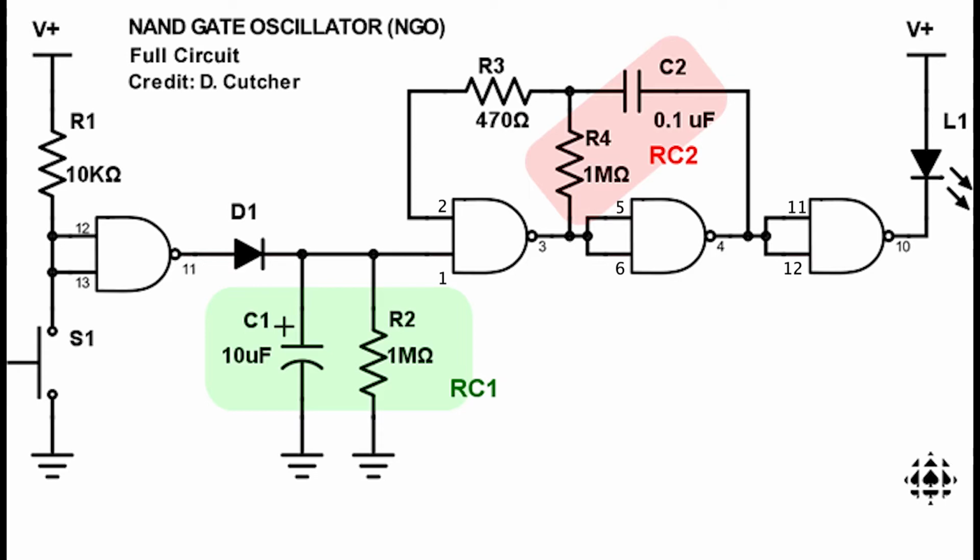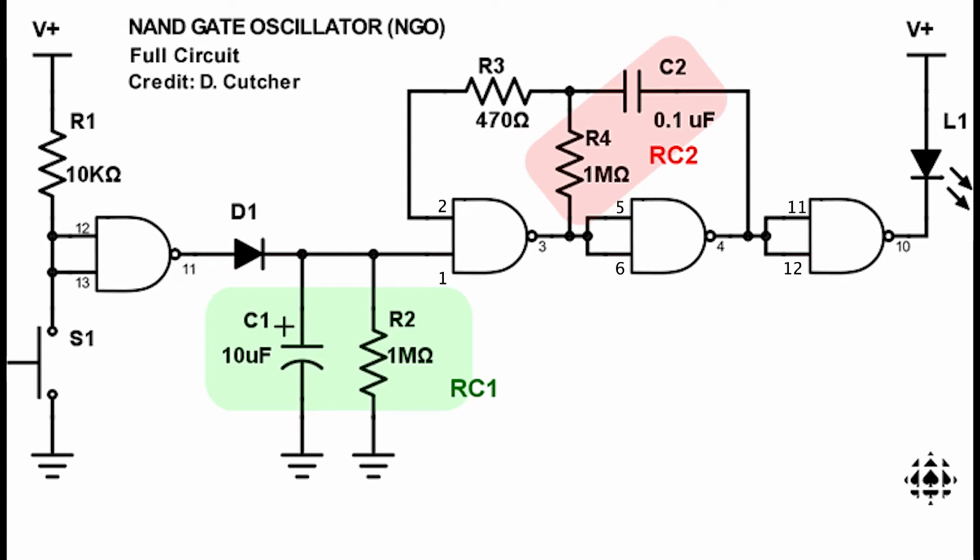Since pin 3 is low, C2 discharges through R4. Once C2's charge reaches below half of that of the supplied voltage, pin 2 becomes low. This makes it so that pin 3 outputs a signal of high, which makes the LED turn off.